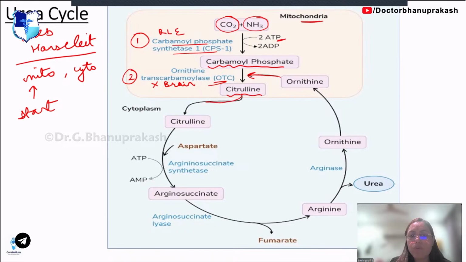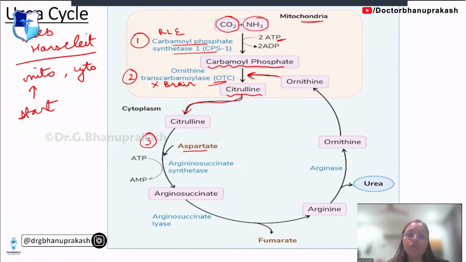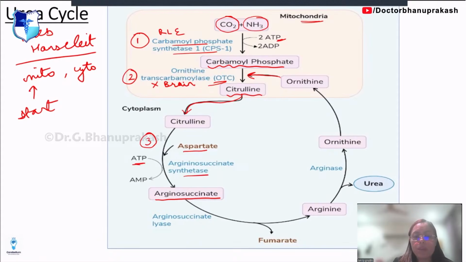Citrulline comes out of mitochondria and goes into the third step of the urea cycle, where aspartate is joined and we get a big compound, argininosuccinate. Here ATP is used, so the synthetase enzyme, argininosuccinate synthetase, in short ASS. ATP forms AMP. This is equivalent to 2 ATP used at this step.